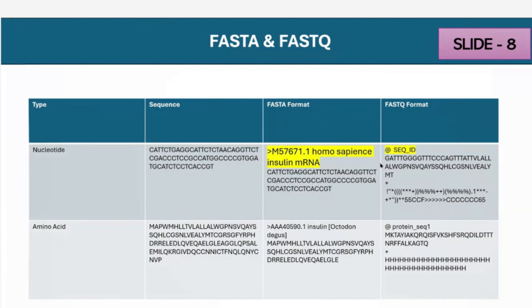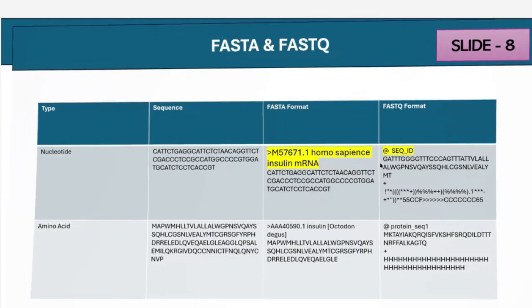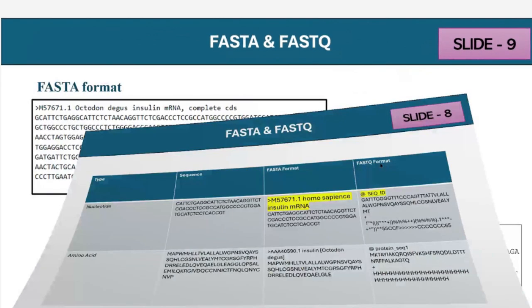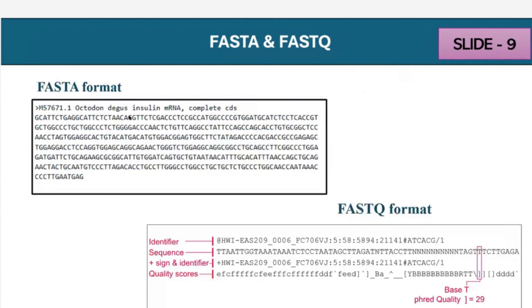Here is an example of FASTA and FASTQ format images. From this, you can see how FASTA looks in databases. Here it is. In case of FASTQ, it starts with a header line that contains an identifier.